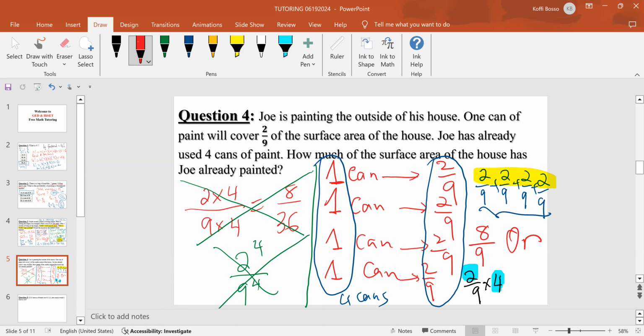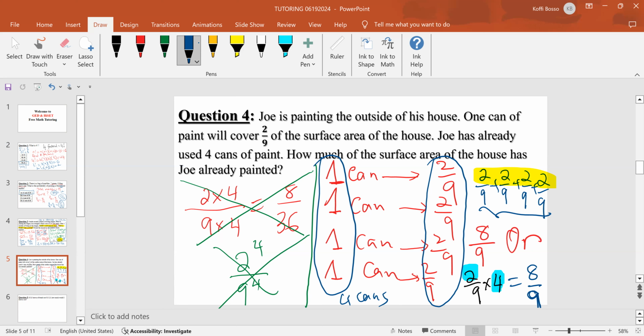So here the answer is 8, because we multiply 4 by 2 to get 8/9. So the answer to this question is 8/9.